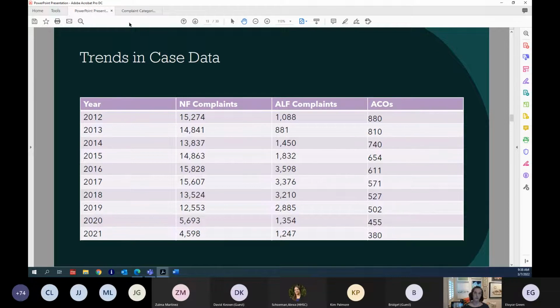So September 1st through August 31st of every year. NF complaints, nursing facility. ALF complaints, assisted living facility complaints. And then ACOs stands for Active Certified Ombudsman. So that's the number of ombudsmen, a collection of both volunteers and staff ombudsmen who have reported any casework or who have worked throughout that year.